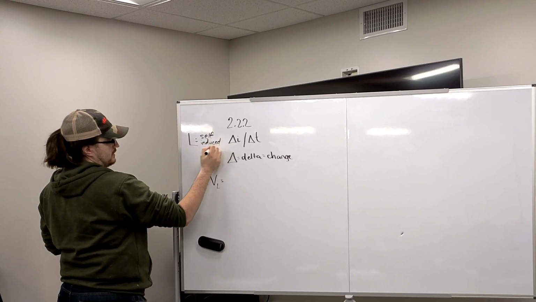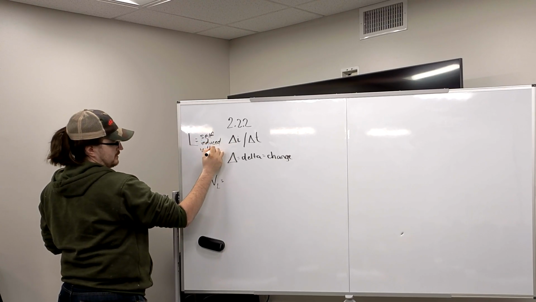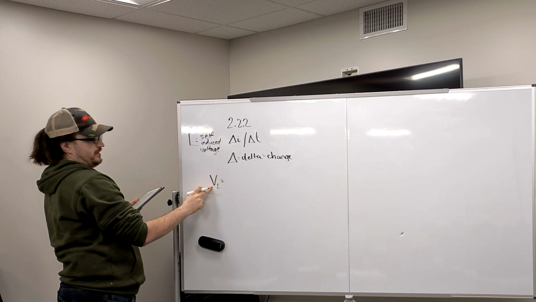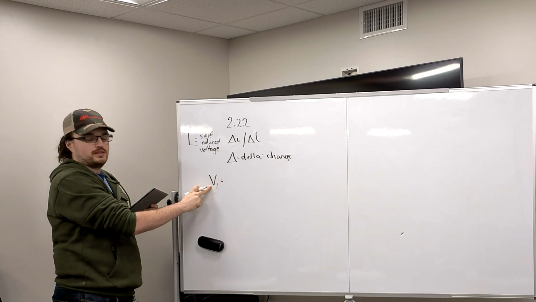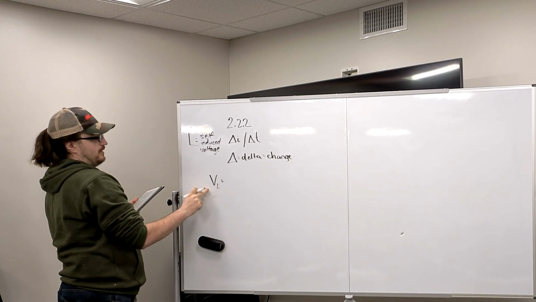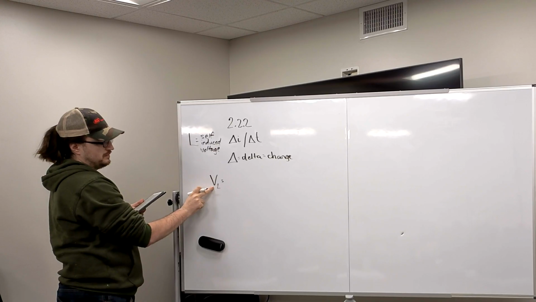Okay, so this entire thing we're doing is for L, which is self-induced voltage, which means this is the symbol. So V is still volts, but you're finding the self-induced. The subscript is letting you know that it's self-induced voltage.